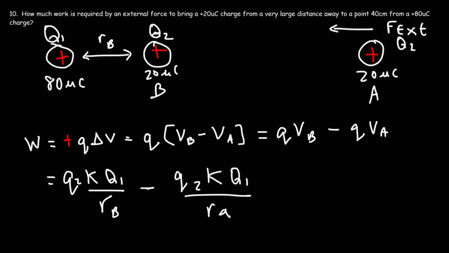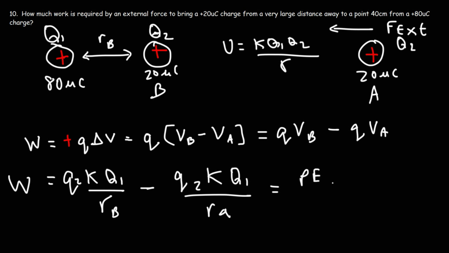So now we know the value of K, we know the value of Q1 and Q2. But what about RB and RA? So notice what this equation tells you. K Q1 Q2 over R is the equation for electric potential energy between two point charges. So the work done is really the change in potential energy.